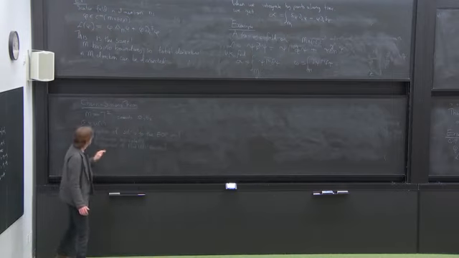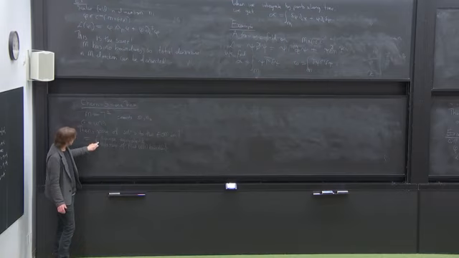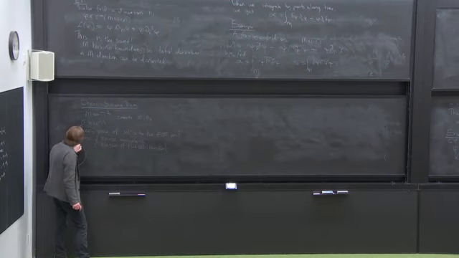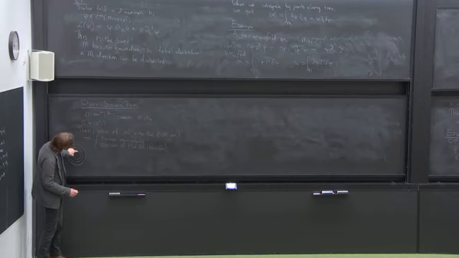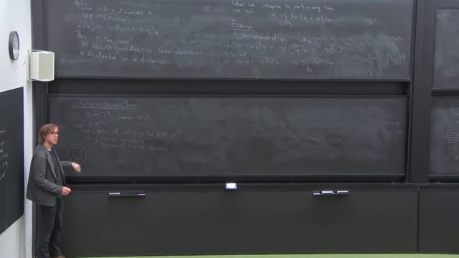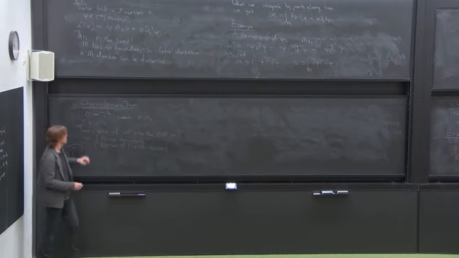Now, there are natural functions on this space. If I take my torus, I can ask, what is the Wilson line around that, or the Wilson line around that? And these provide coordinates on this space.